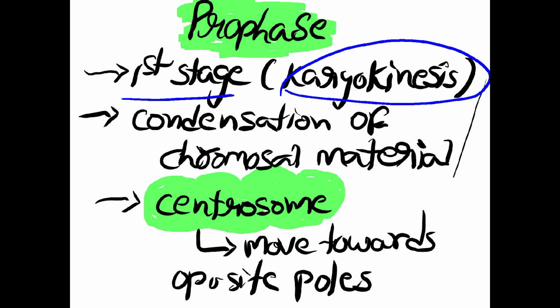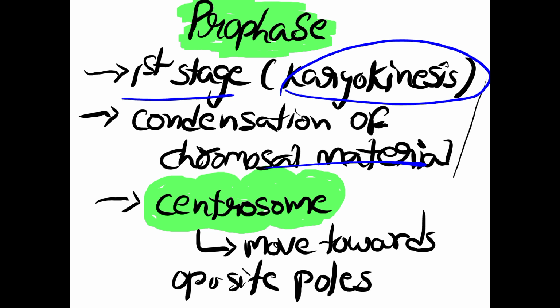First, division of the nucleus takes place. What happens during this phase is condensation of chromosomal material, and the centrosomes move towards opposite poles.